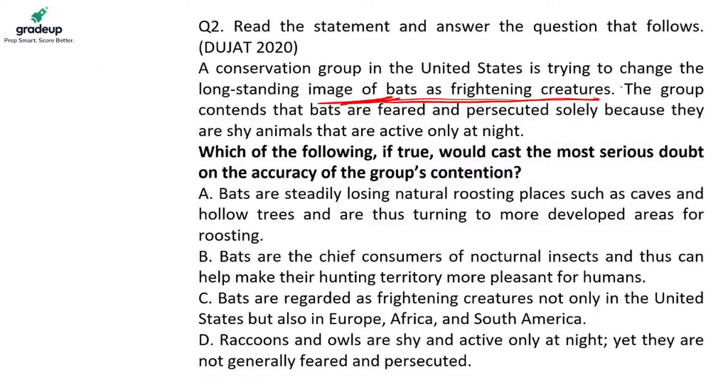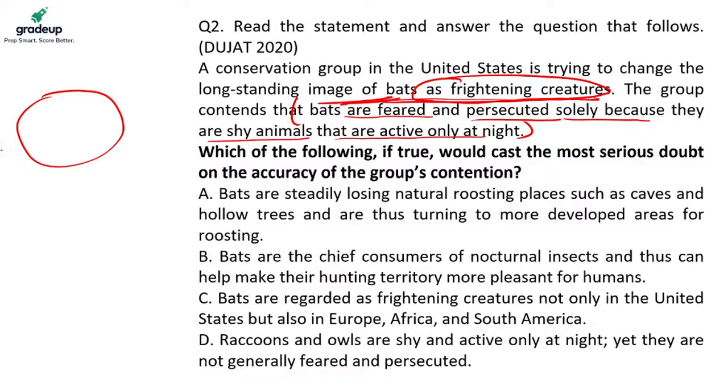Okay, so let's read. The group contends that bats are feared and persecuted solely because they are shy animals that are active only at night. So what is the basis of the argument for the bats being frightening creatures?